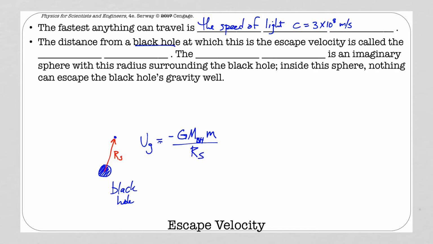And so we can make the same argument that we made for the escape velocity for the Earth. To be able to escape this point at some distance from the black hole, we would need an escape velocity that would give us enough kinetic energy to pull away from that black hole's gravitational potential energy.